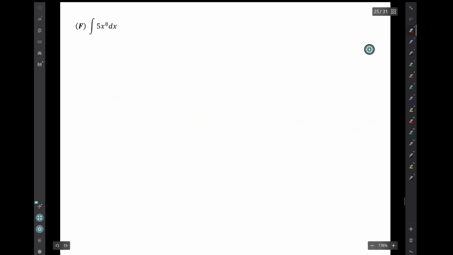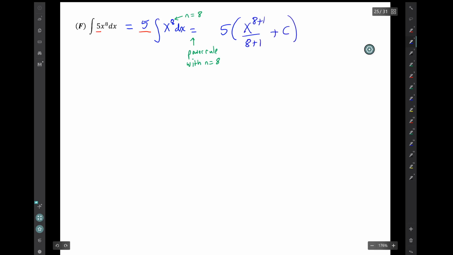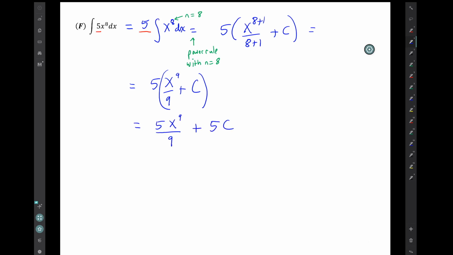Let's go on. Question 5, indefinite integral of 5x to the 8th. Well, here we'll use the constant multiple rule. Now here we have a strange thing.